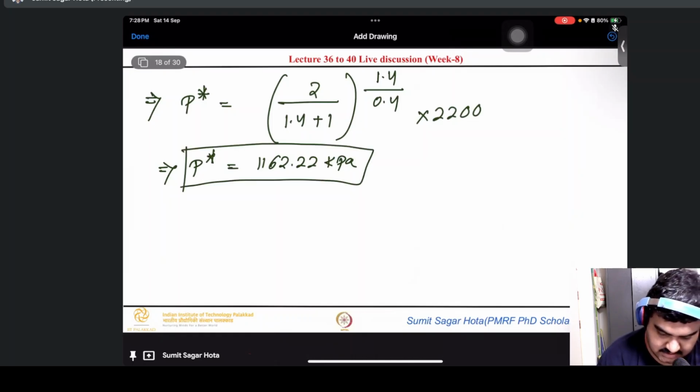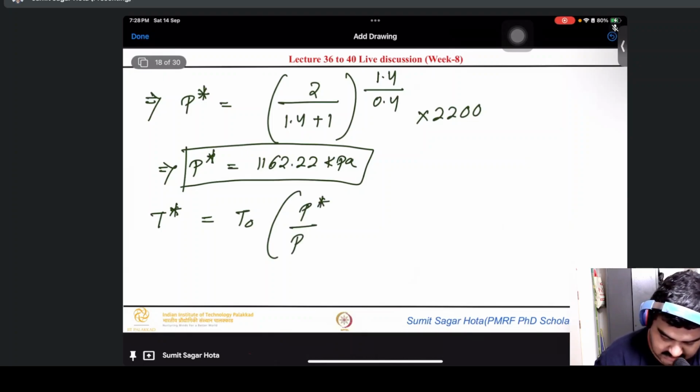Okay, in a similar fashion we can find out T star. It's given that it's an isentropic process, so we are applying the isentropic relation here.